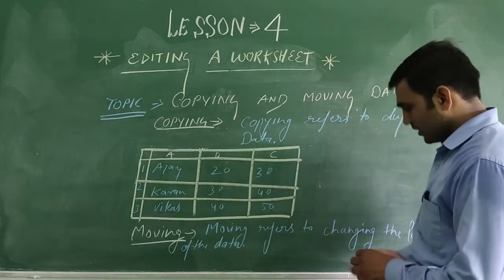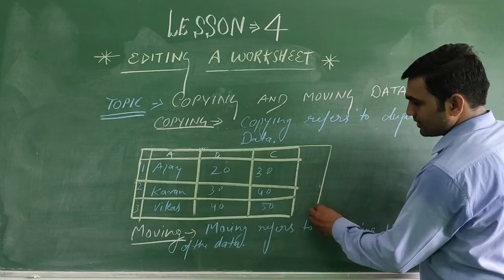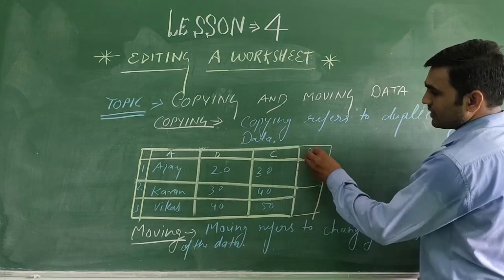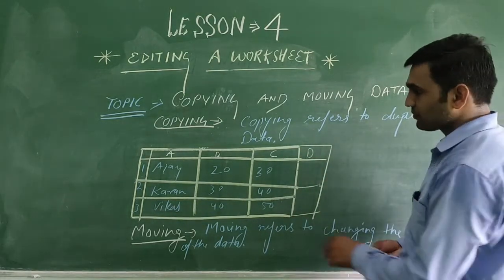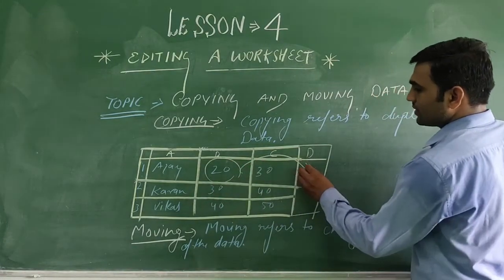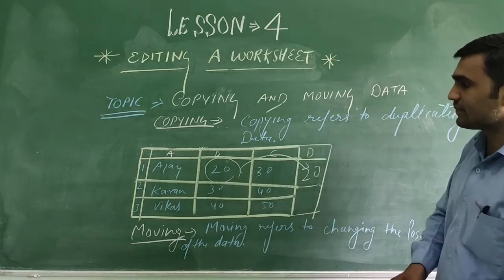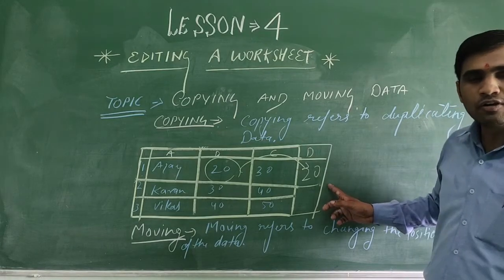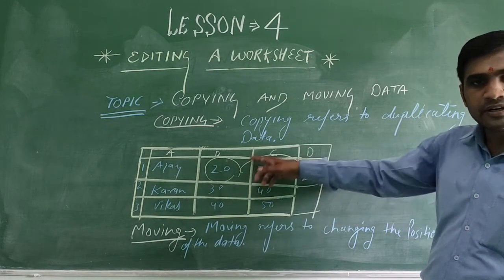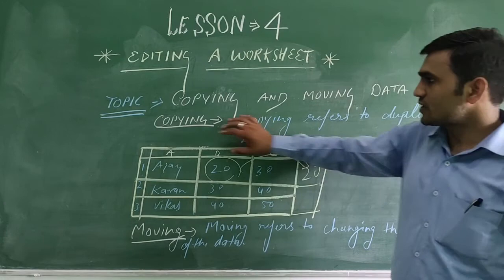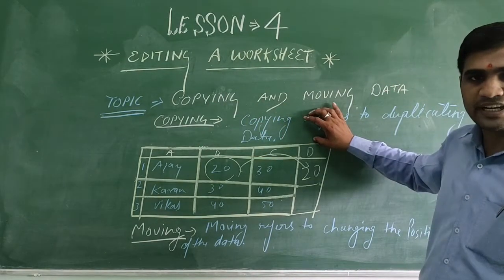Suppose you have the next column, that is D, and you copy the same value there. That is duplicate data, the same data pasted in a new location. This process is called copying data.